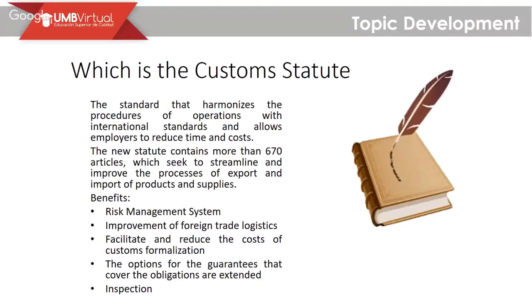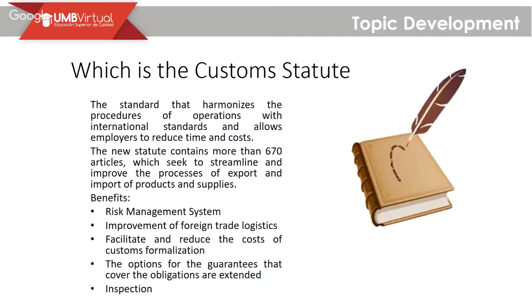Also, it facilitates and reduces the costs of customs formalization. That's what I was telling you regarding the tariff codes and the taxes. Also, the options for warranties that cover the obligations are extended.